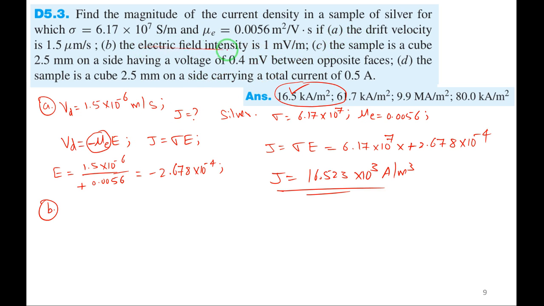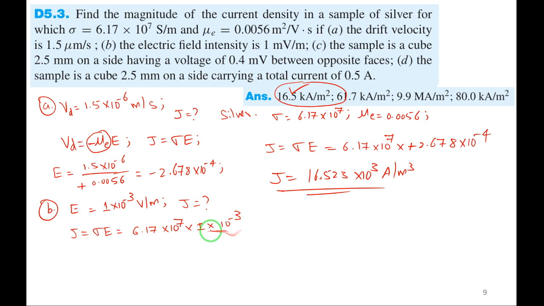Next, the electric field intensity E is given, 1 millivolt per meter. 1 milli means 10 power minus 3, 1 millivolt per meter. It is given. So find J. Yes, J equal to sigma E, right? That's all. Very simple. Sigma E. What is sigma? 6.17 into 10 power 7, right? Into 1 milli, 10 power minus 3.